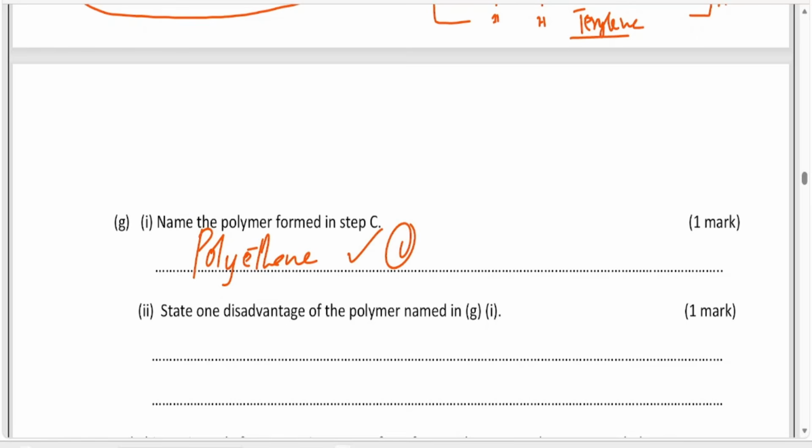State one disadvantage of the polymer named in G(i). So this particular polymer is one of the non-biodegradable polymers that you obtain.